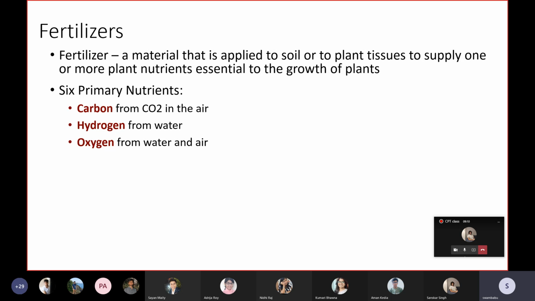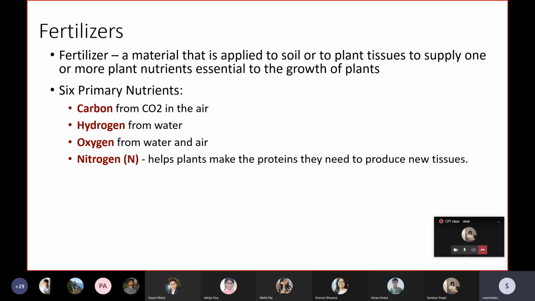For the plants, carbon can be taken from CO2 in the air, through photosynthesis. Hydrogen and oxygen are taken from the water. Oxygen can also be taken from the air by the plants. So for these 3, you don't need any additional thing. Water and air are there in the soil and in the atmosphere. So these 3 nutrients can be taken naturally.